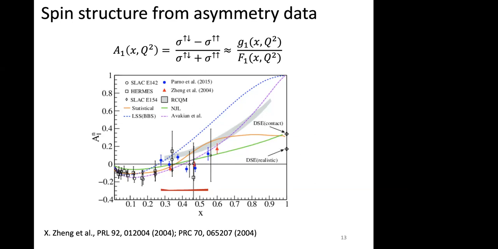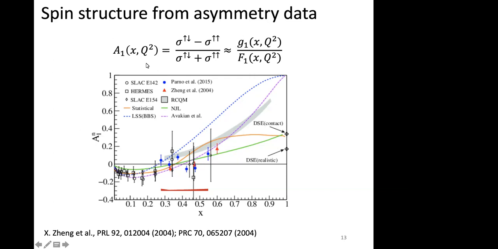At really high Q squared, this A1 asymmetry can approximately equal the ratio of the g1 to the F1 structure function. F1 here is the unpolarized structure function and g1 is the polarized structure function. So if we measure the A1 asymmetry and we have a very precise measurement of the unpolarized F1, we will be able to extract the g1 structure function.